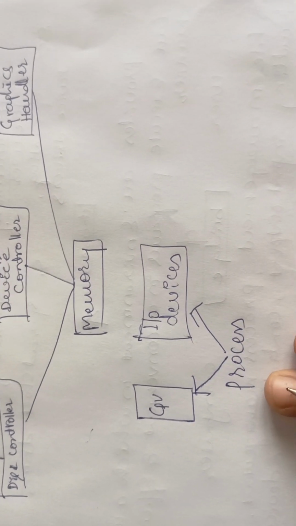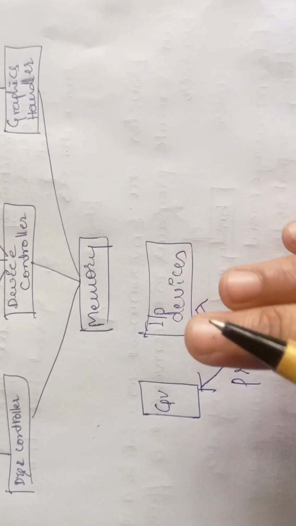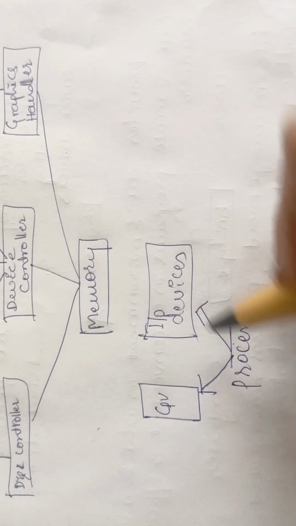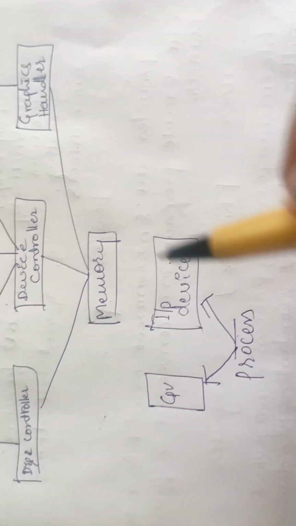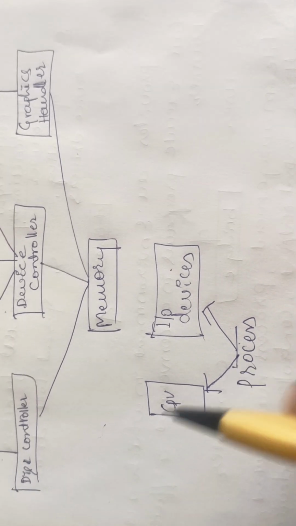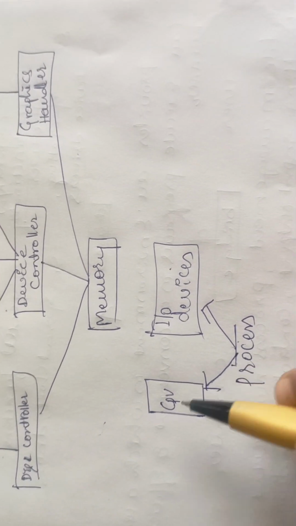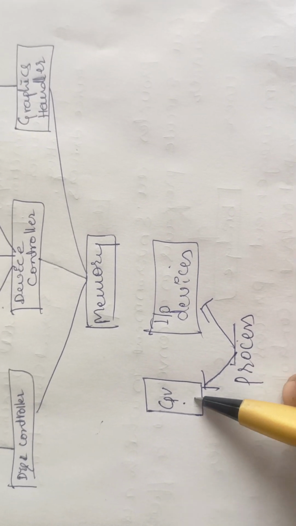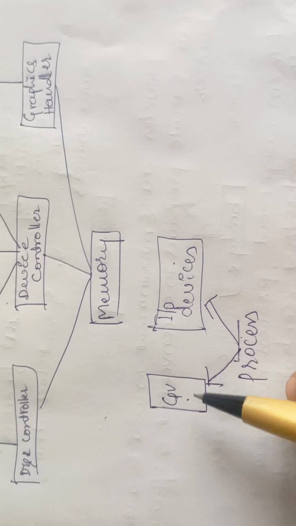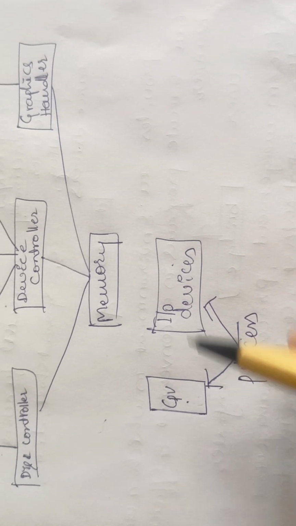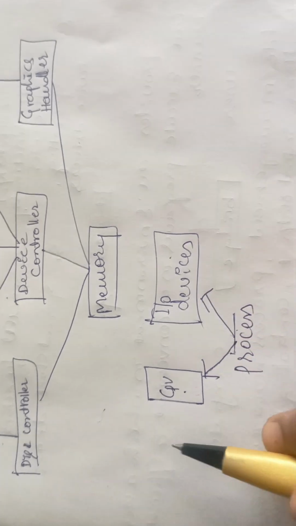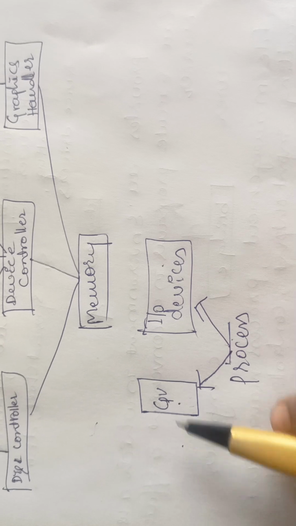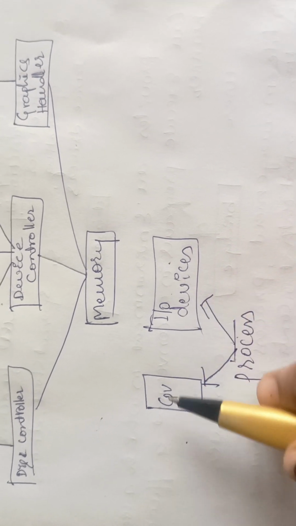Whichever processes require the input output devices, for those the input output devices will be scheduled, and for the processes which require the CPU, the CPU will be scheduled. That is the reason the processes run concurrently on both the input output devices and the CPU.